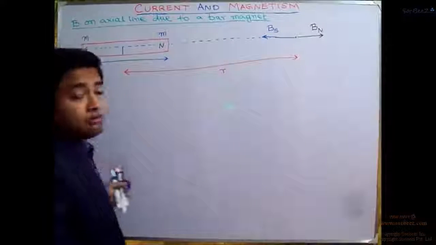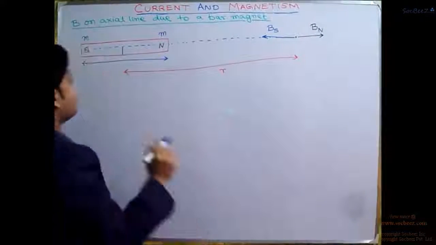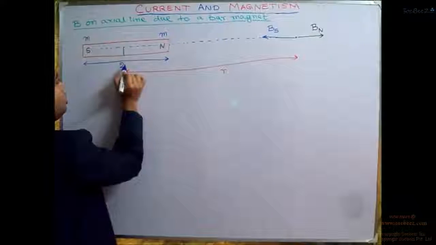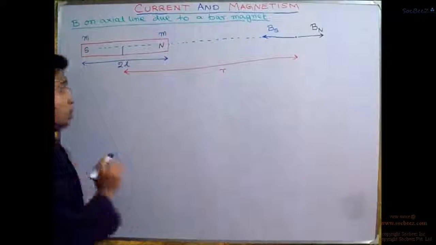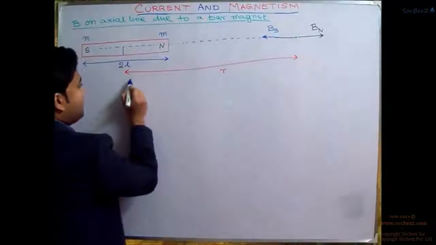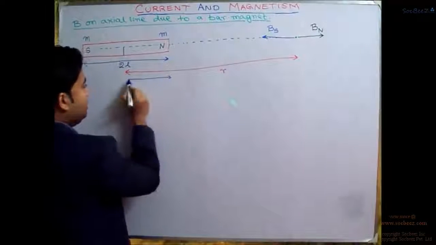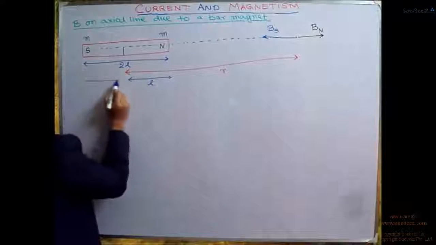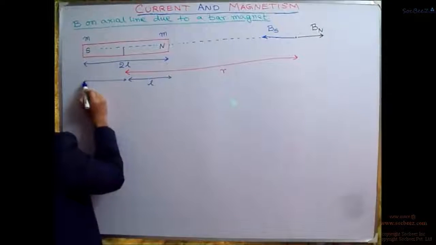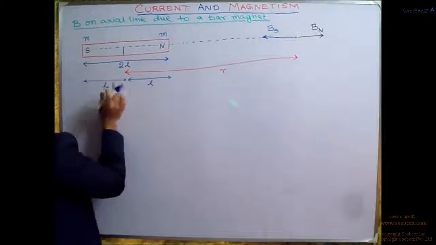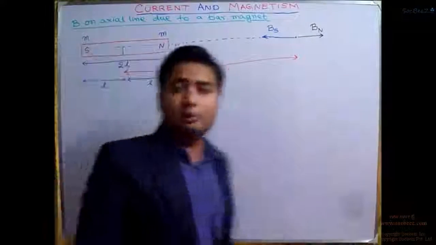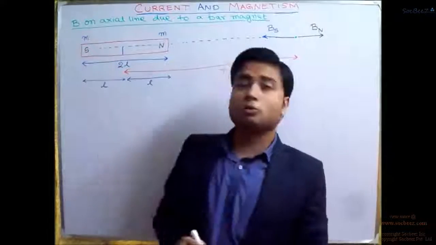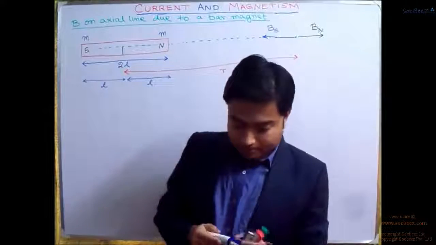And as was indicated earlier, we are now going to take the length of this bar magnet or the length of this magnetic dipole as equal to 2L, which means that from the central point it will be L for the North Pole, and the same L distance from the central point to the South Pole, right?